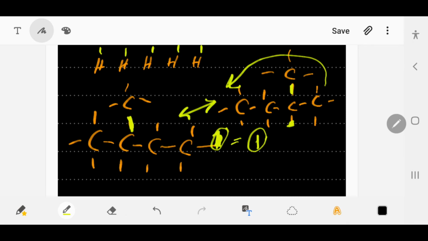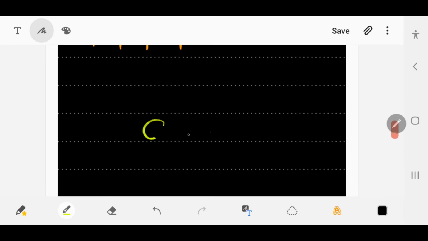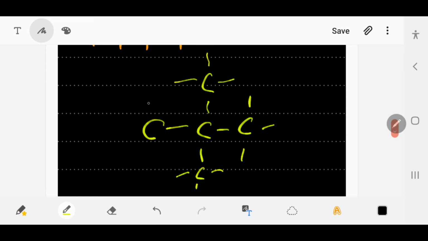So can we have a third one? Of course we can. 1, 2, 3, 4, 5. This is a third isomer for C5H12.